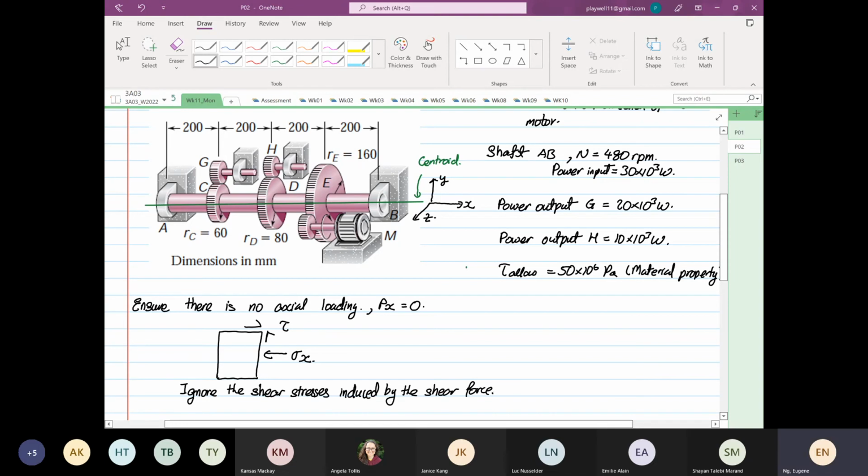So the formula we are going to apply is c over J is equal to, not T Y, come on, Eugene, the square root of My squared plus Mz squared plus Tx squared, divided by tau max.